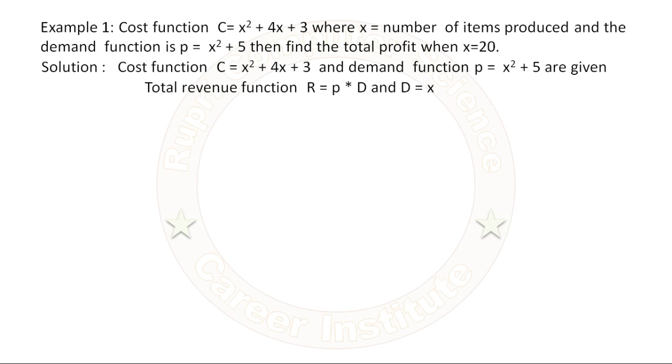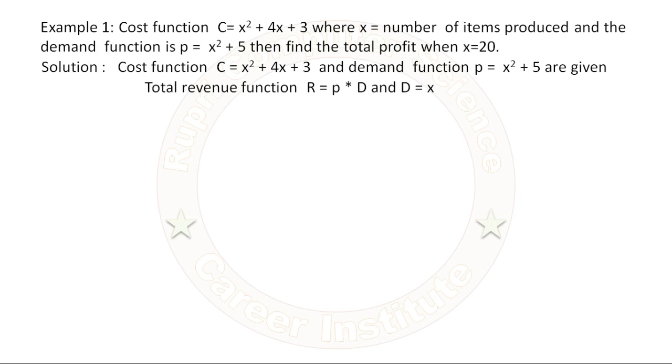And D, in our question, D is given as x. Therefore, D is equal to x. Right? The unit's demand is x. Therefore, D is equal to x.